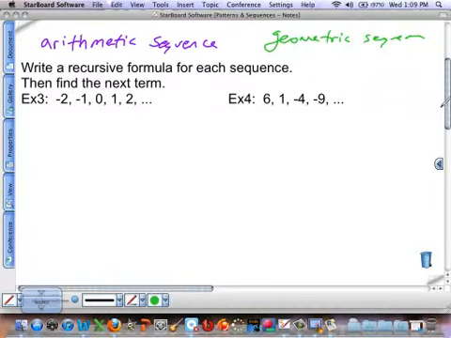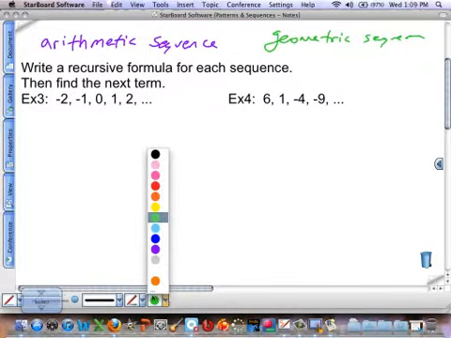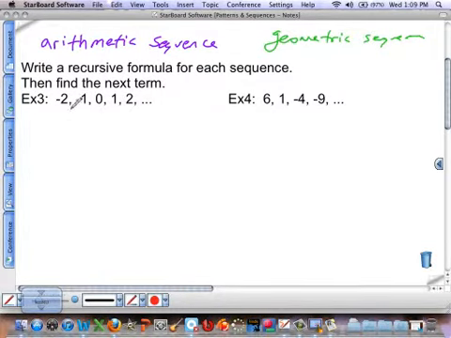You're increasing by 1. We're adding 1 to the previous term, right? Adding 1, adding 1, adding 1, adding 1. So a sub n, that's my next term. How do I represent my previous term? n minus 1, so a sub n minus 1.